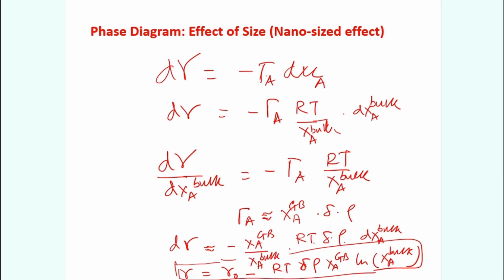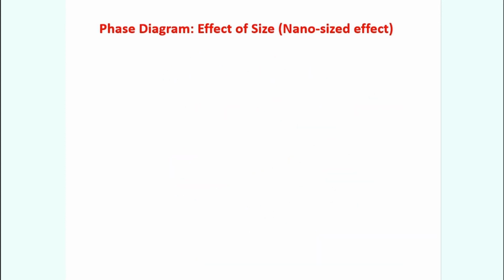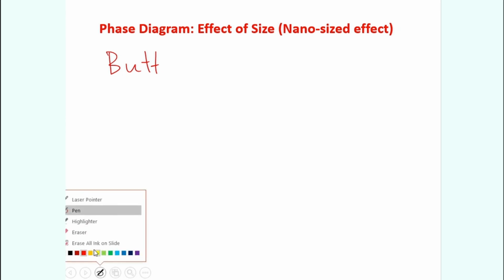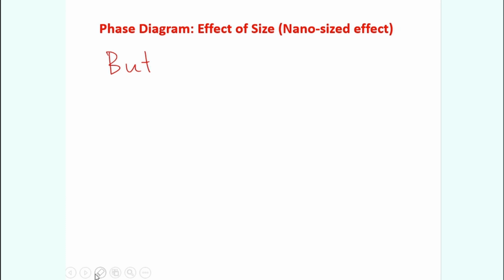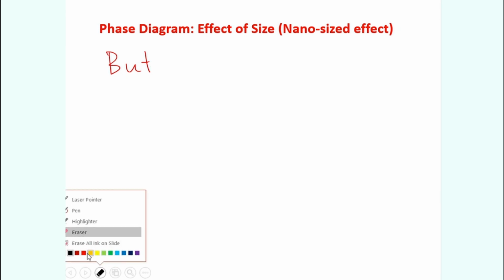Now, before I wind up this lecture, let me tell you, this is a very simplistic thing. One can even use a little more rigorous analysis and derive this equation. These are known as Butler's equation, which will not be part of your exam.